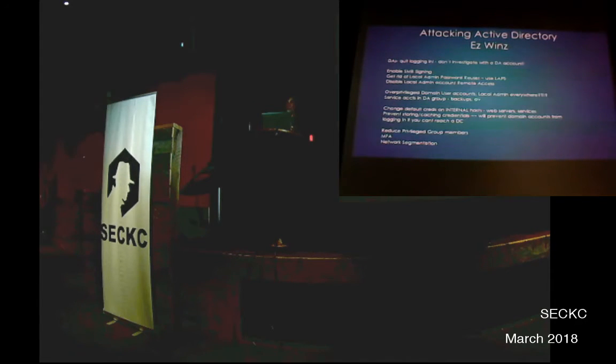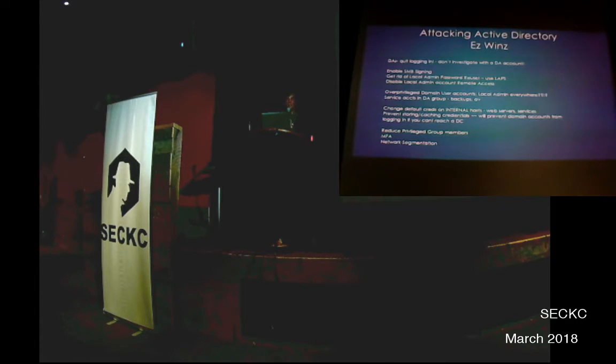Some of the easy wins for going home and working on your Active Directory are not going to solve all the problems, but they really make our job a lot harder. Which is the DAs being everywhere is clear. SMB signing: a lot of people don't have SMB signing enabled, and there's not really a reason you shouldn't.